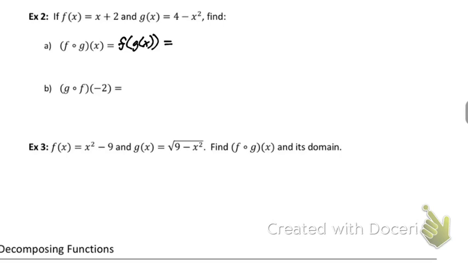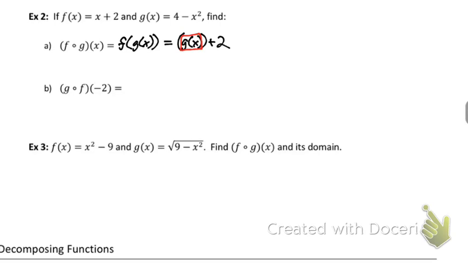So f of g of x is actually taking g of x and plugging it in place of this x value. In other words, so we have x plus 2. Instead of the x, I'm going to replace that x with g of x plus 2. So once again, I'm just replacing the x that was here with g of x. This becomes its new input.